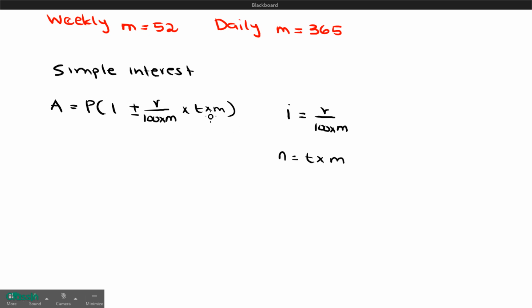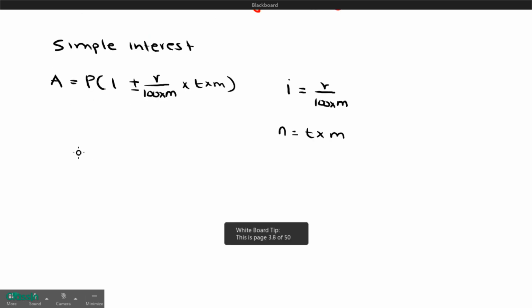You work it out the way in which you understand it better. So now we also have compound interest.